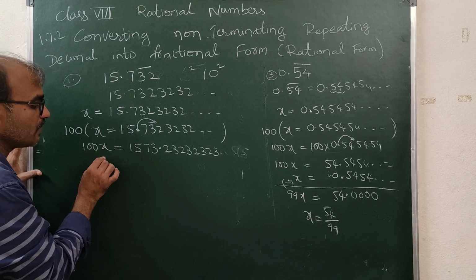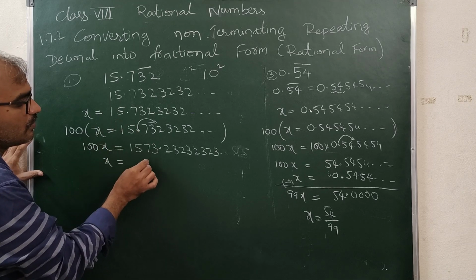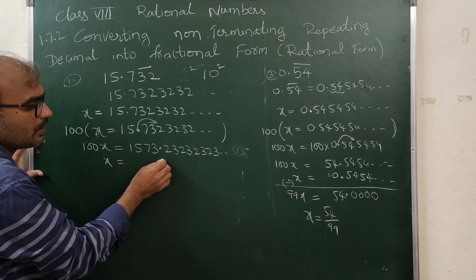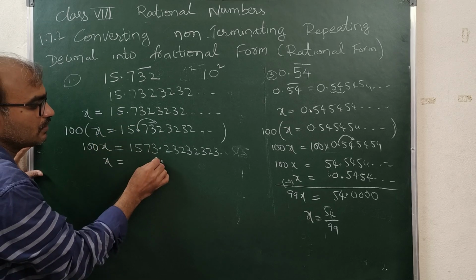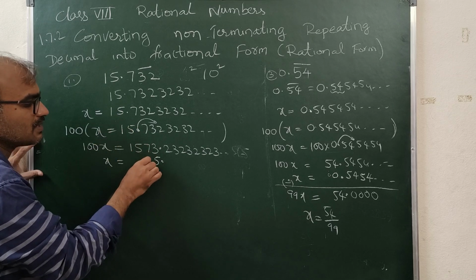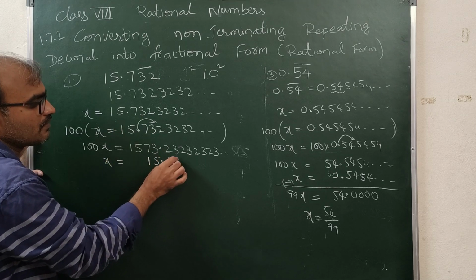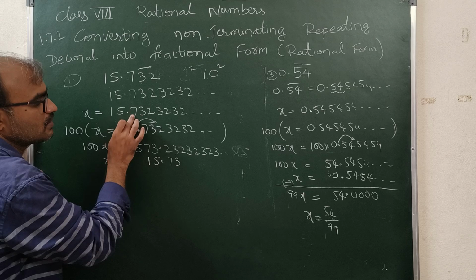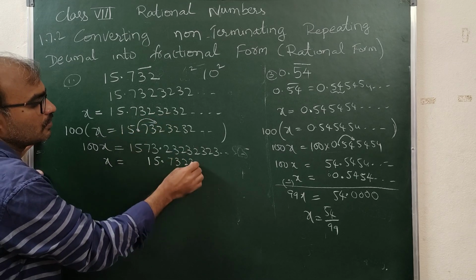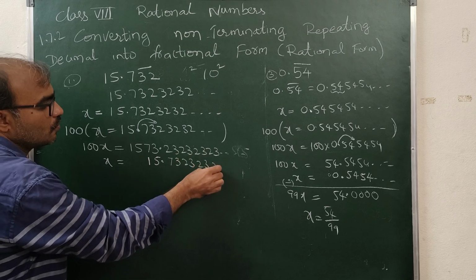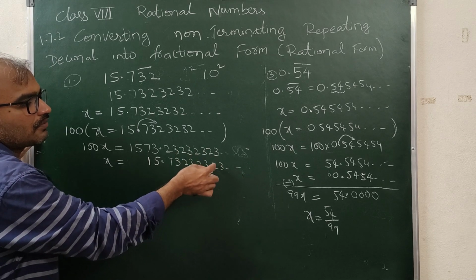Now write whatever you have considered. x is equal to, ones under ones, tens under tens. Now after the decimal point, 7 3 2 3 2 3 2 3... Again we got here 2 3 2 3 2 3.